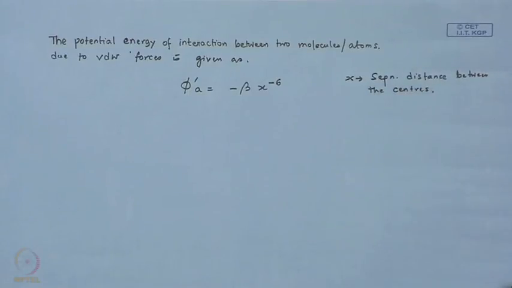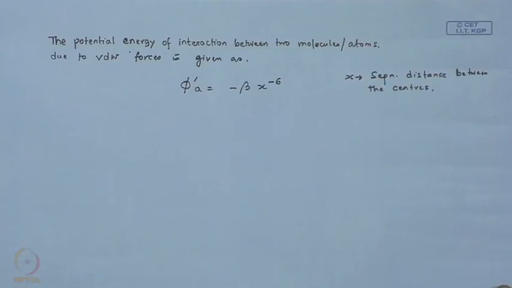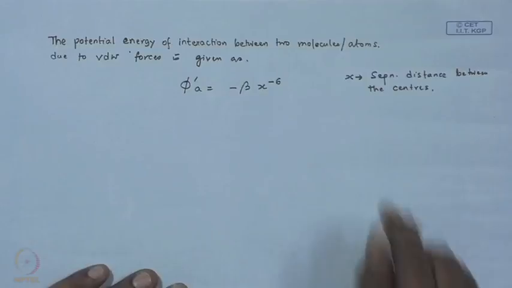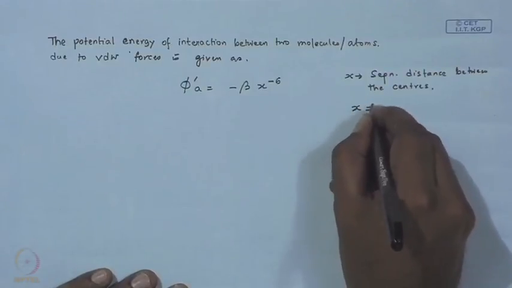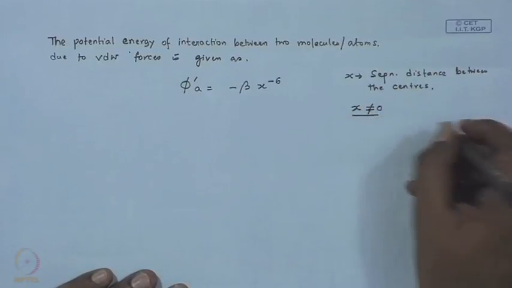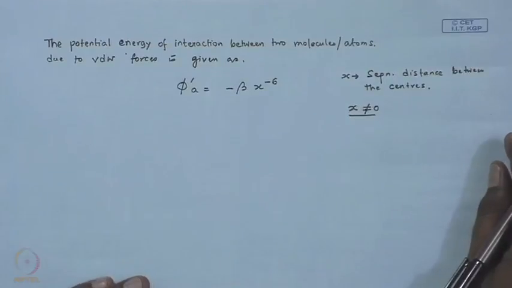Therefore, one has to understand that when these two molecules or atoms come in direct contact, x will not be 0, because it is the separation distance between the centers.